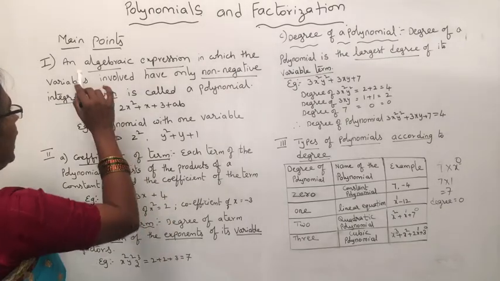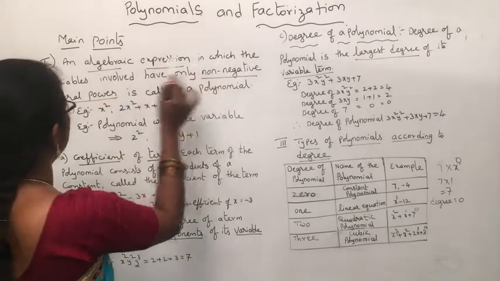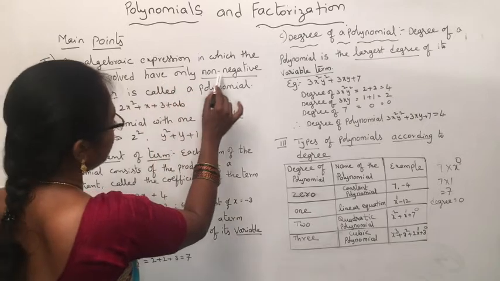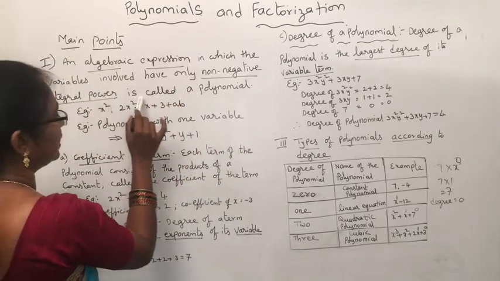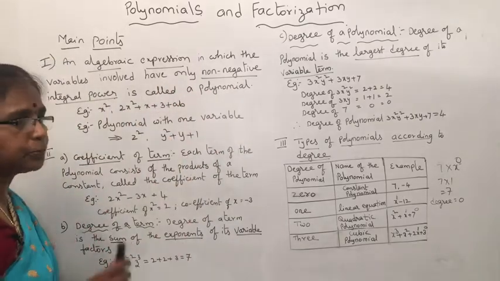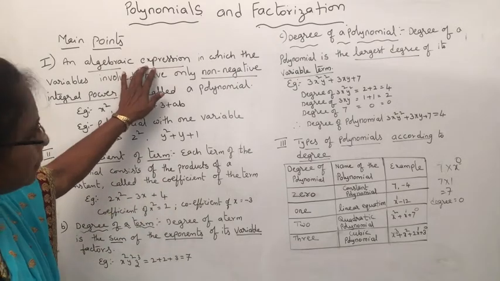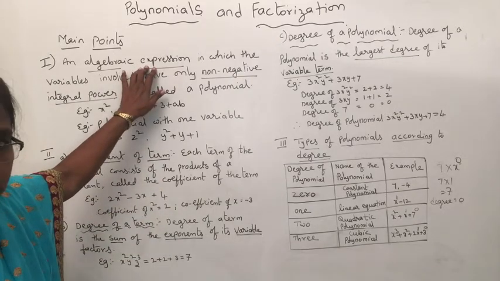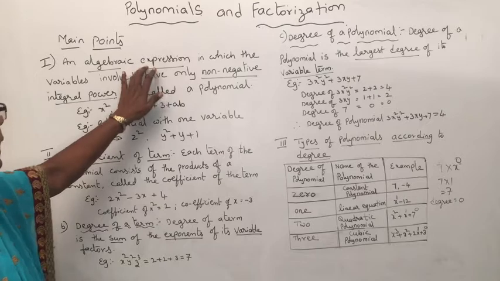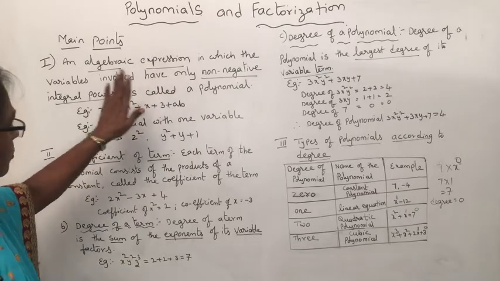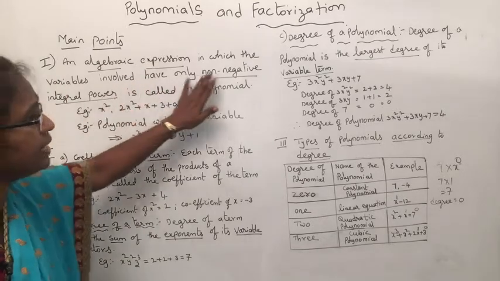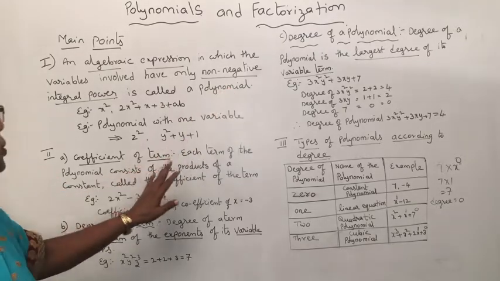Now an algebraic expression in which the variables involved have only non-negative integral powers is called a polynomial. This polynomial is one of the algebraic expressions, but their integral power must be non-negative, means must be positive.